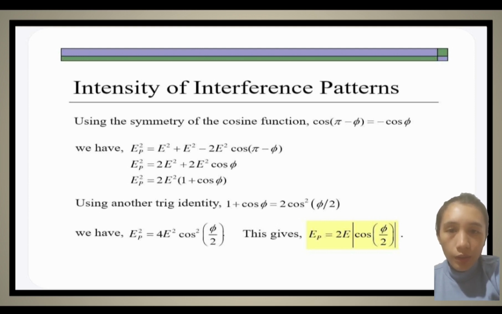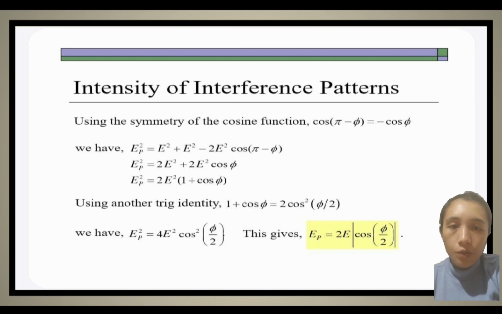Using another trig identity, 1 plus cosine phi, or the phase difference, is equal to 2 cosine squared of the phase difference over 2. We have E sub P squared equals 4E squared cosine squared of the phase difference over 2. And this gives the equation of the resultant electric field at point P equals 2E cosine of the phase difference over 2.